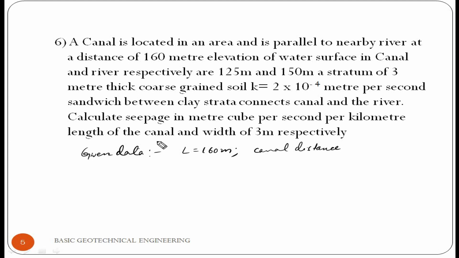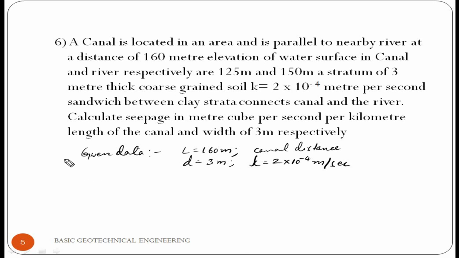Then we have coarse grain, that is a stratum of 3 meter thick. So coarse grain thickness, that is D, is equal to 3 meters, and its permeability is 2 into 10 to the power of minus 4 meter per second.